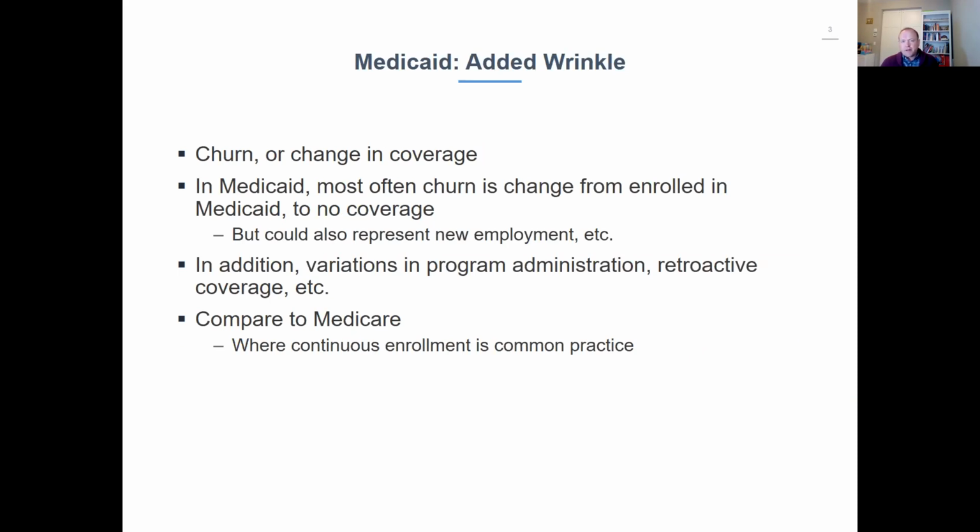With Medicaid, there's an added wrinkle, and that's because Medicaid does have a lot of churn or change in coverage. And in Medicaid, the sources that I have read indicate that most often churn is a change from an enrolled status in Medicaid to no coverage. Not necessarily, it could be new employment and other things, but there is a very common reason, which is just somebody loses their coverage for some reason.